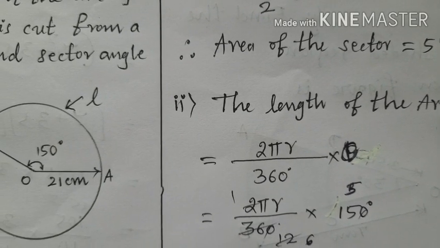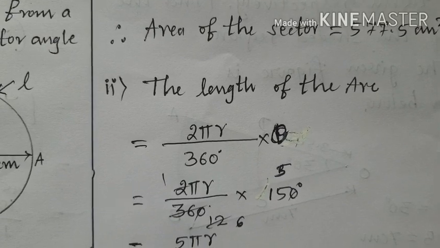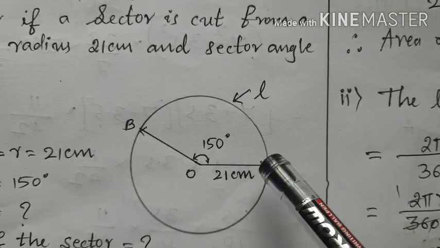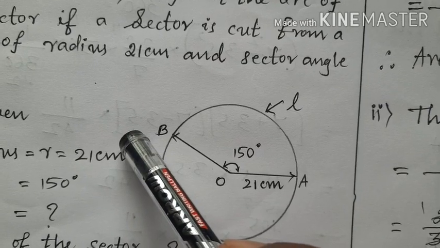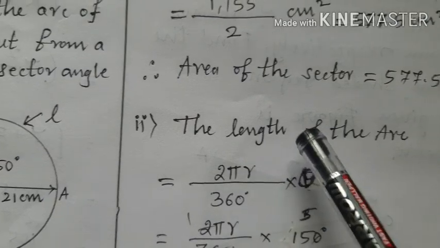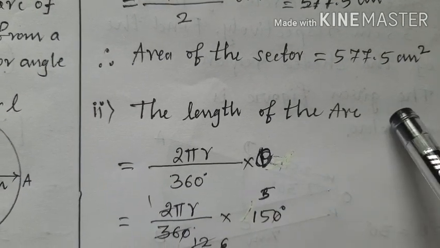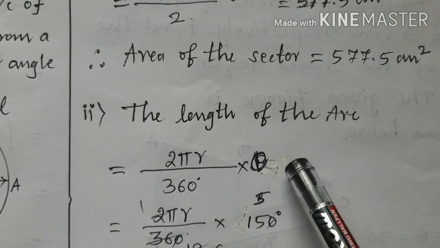Now, let us find the length of the arc of the sector. Means we should find the length AB, that is the arc of the sector. We have the formula here. The length of the arc is equal to 2πr upon 360 into theta.